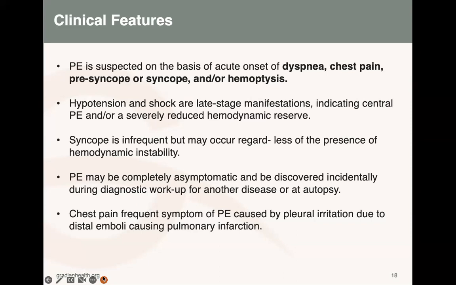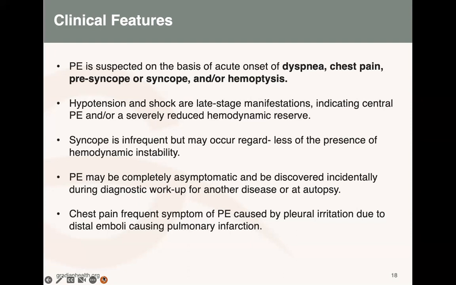They can also present with syncope. Why syncope? Because we have seen these patients end up with hypotension and low perfusion to the brain, and they end up having syncope. They may also present with hemoptysis. Why hemoptysis? Because of infarction to the lungs, which can cause rupture of capillary membranes, and then they can cough up blood.